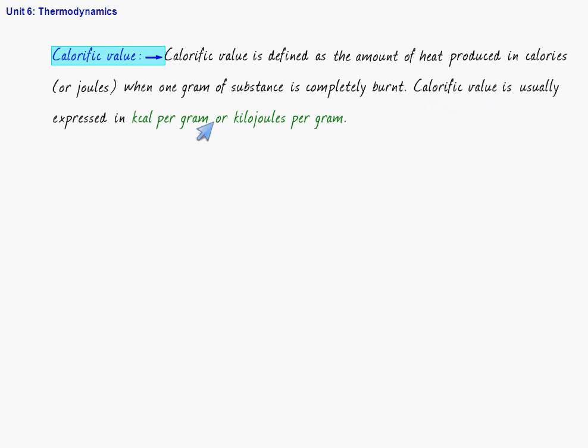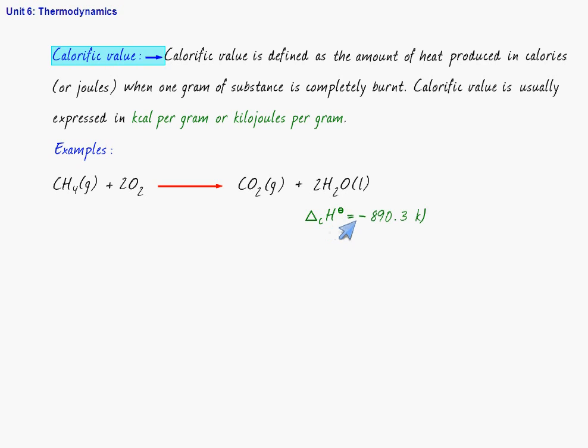Now let us consider examples. When methane burns, CH4 gas plus 2O2 gas gives CO2 gas plus 2H2O liquid. Now delta CH naught in this case is minus 890.3 kilojoule. It means when 16 gram of methane is burnt completely, then 890.3 kilojoule of energy is released.